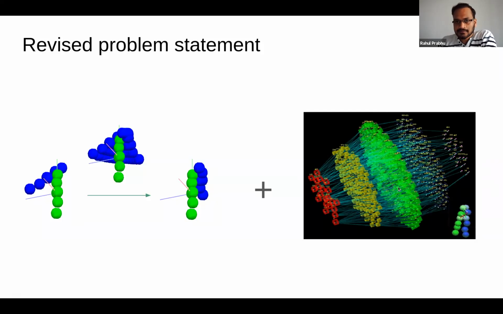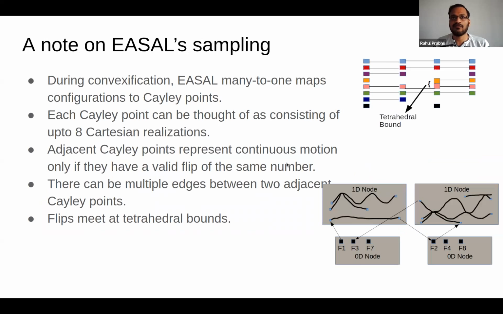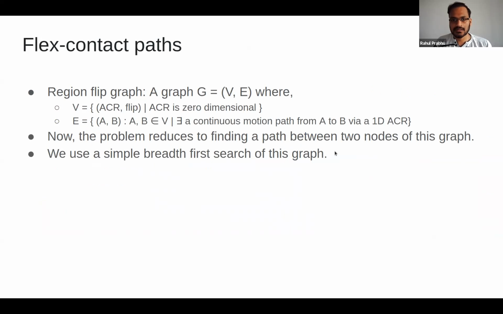And once I do that, I'll have to evaluate, after I drop a constraint from a 0D node and end up in a 1D node, whether I can traverse to a different configuration in the 1D node where I can add a different constraint. All we'd have to do at the outermost level, which we call the region flip graph in the atlas, is figure out a sequence of potential adds and drops that will get me from the source to the destination.